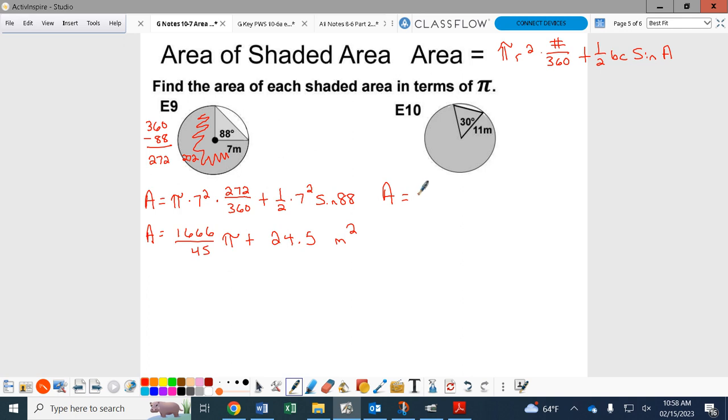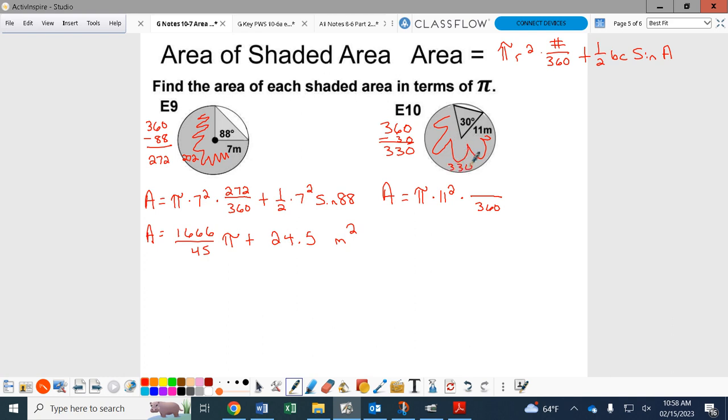Last one of these. Pi times the radius, which is 11 squared, times what out of 360? 330 is the correct number. Guys, this is the area we're talking about. We have to do 360 minus the 30, which leaves us 330 for the shaded area out here.